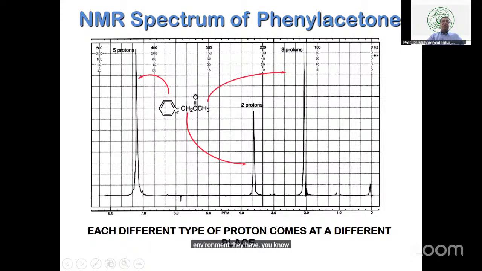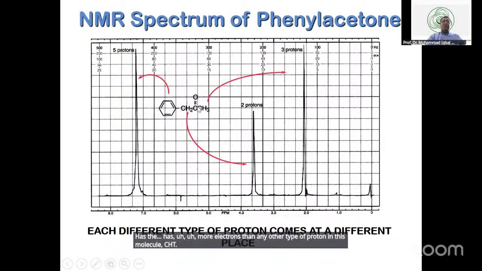So, for instance, in case of phenyl, this is a very de-shielded system because of magnetic anisotropy, which we will discuss later. And you see these signals coming in the downfield region, and those are coming in the upfield region. Methyl is the most shielded, has more electrons than any other type of proton in this molecule.